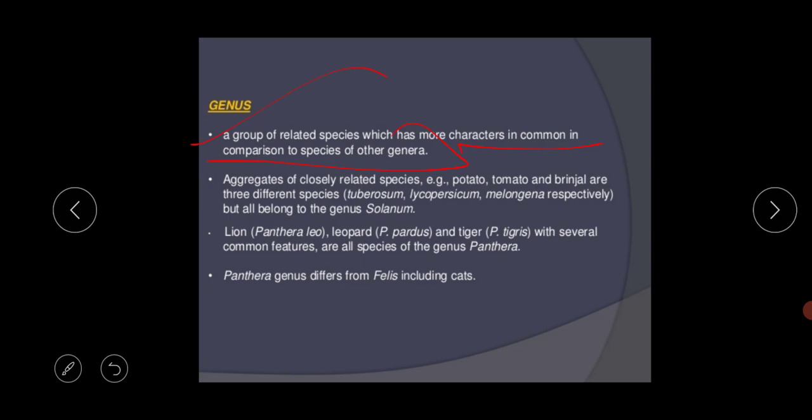As per the rules of binomial nomenclature, a species can be named only if it is assigned to a genus. I am repeating again, a species can be named only if it is assigned to a genus. A genus may have one to several species. A genus having a single species is called monotypic.